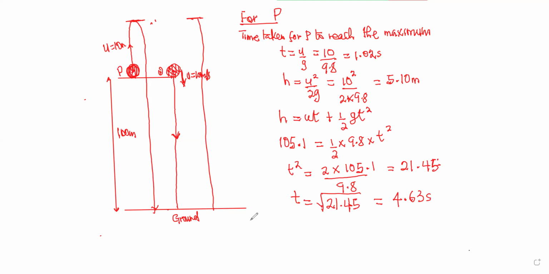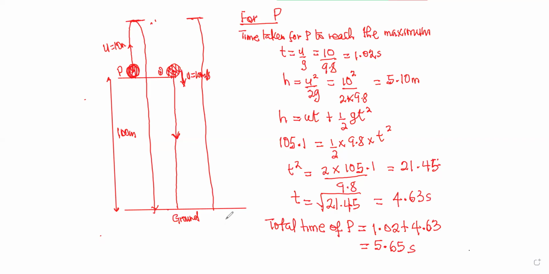Therefore, the time of flight of P, which is the total time of P, would be equal to the time taken to reach the maximum height, which is 1.02, plus 4.63, which is 5.65 seconds.